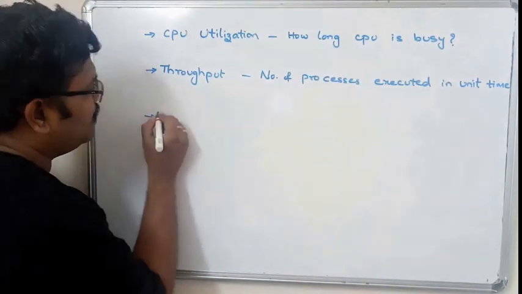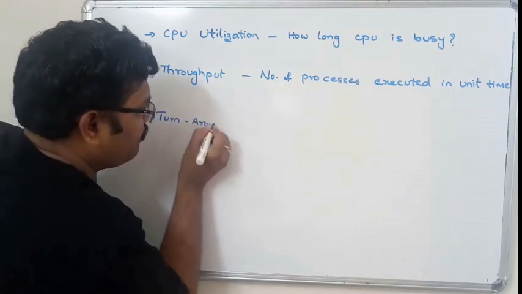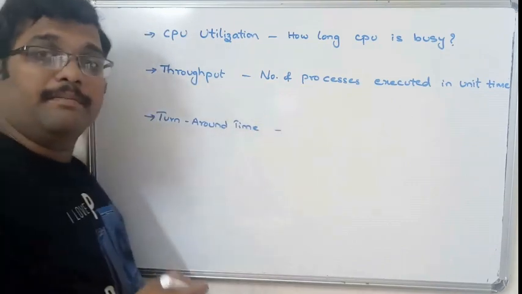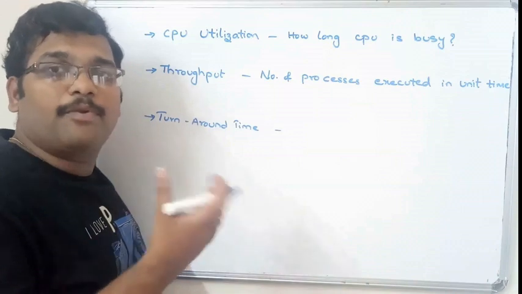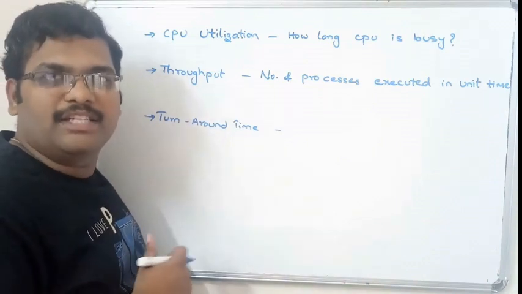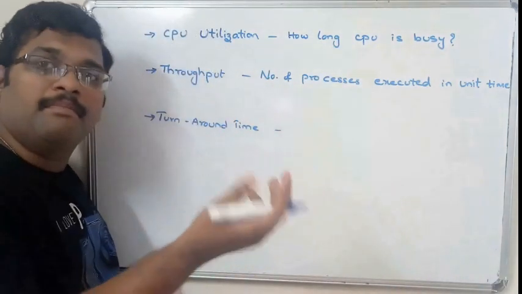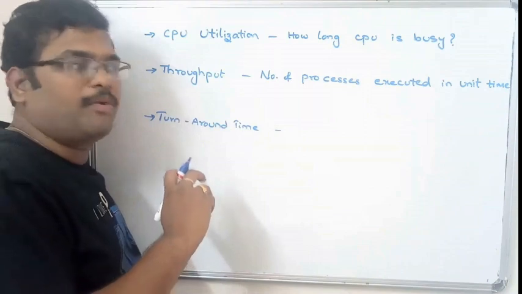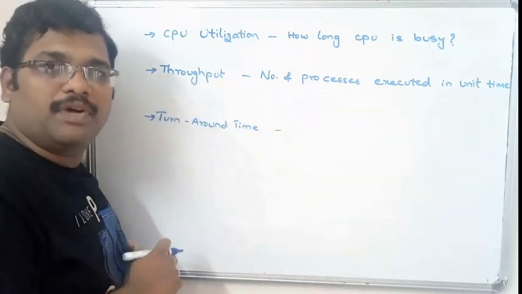Next, turnaround time. Turnaround time means how much time the process takes to complete its execution, right? So the completion time minus the start time, the difference between the beginning of the process and the ending of the process. How much time it takes for execution.